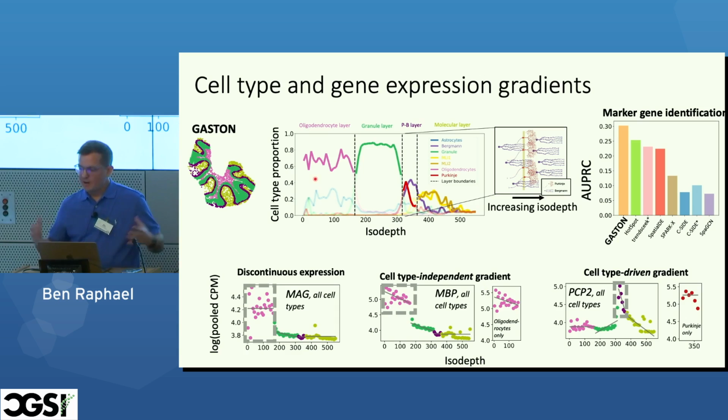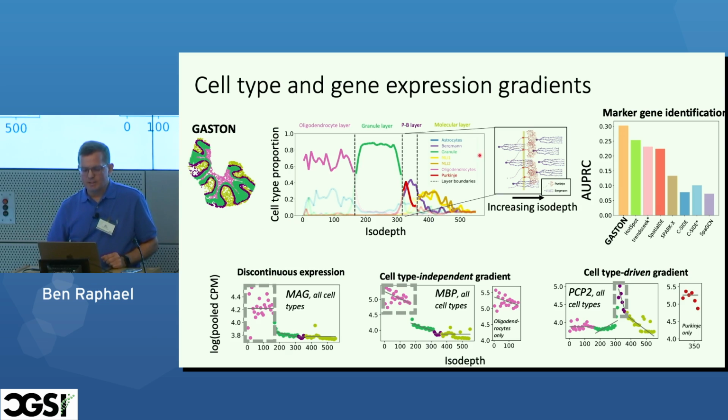So then now, having collapsed all of these layers, like everything in this green has a depth coordinate, everything here, we can watch as we go along from outside in, from pink to green to et cetera, pooling information across all the spots from the same isodepth in the layer. We can plot the gene expression.